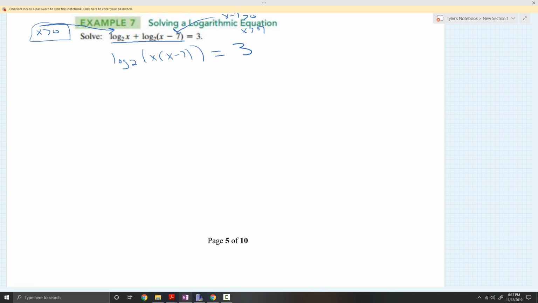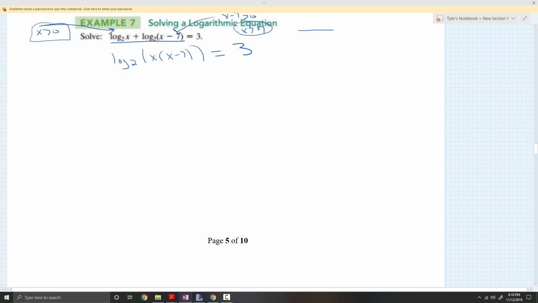Or excuse me, in order for both to work, we need x values bigger than 7. That's the intersection, the common part.